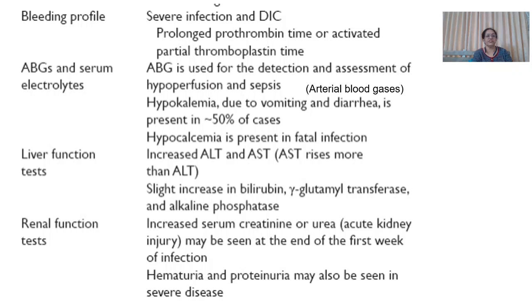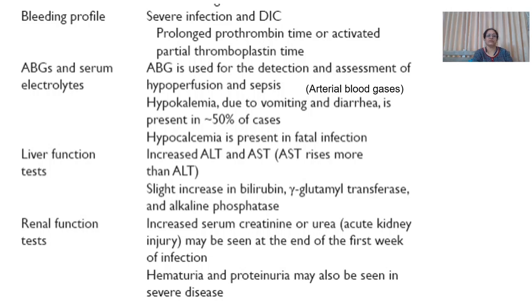A number of liver function tests are also carried out. There is an increased alanine aminotransferase, and aspartic acid transaminase, where AST rises more than ALT. There is a slight increase in bilirubin as the increased level of hemoglobin is present in the patient's blood, free hemoglobin.